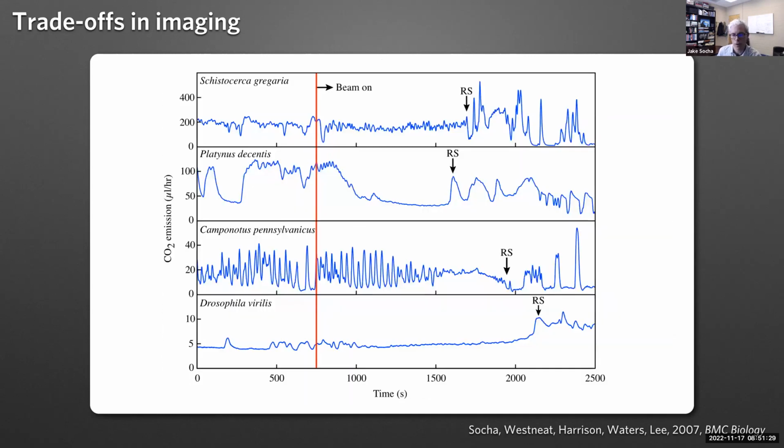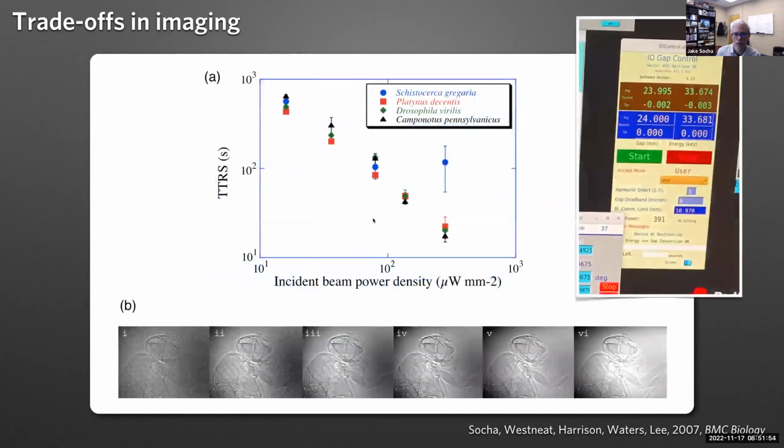So this was an early experiment where we were simply trying to see how long the different insects could withstand being in the beam. You can see when the beam is on here, this blue is a respiratory signal, and the animal was doing okay for a while. Then you see things start to change, and typically there's a respiratory signal where something happened in each of these different species. That's what we're plotting here.